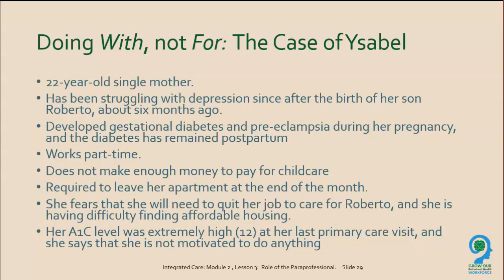She works part-time, partly because she does not have enough money to pay for child care, so she can only work when her mother's watching her. She's required to leave the apartment at the end of the month. She fears that she will need to quit her job to care for Roberto, and she's having difficulty finding affordable housing. Her A1C level was extremely high, 12, at her last primary care visit, and she says she is not motivated to do anything.